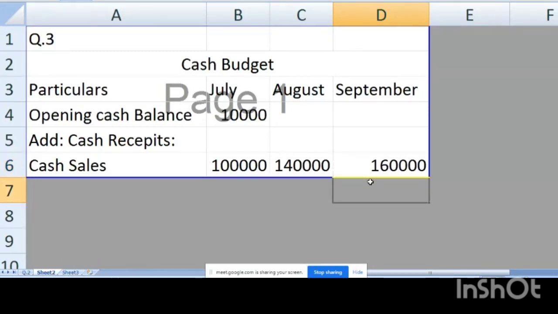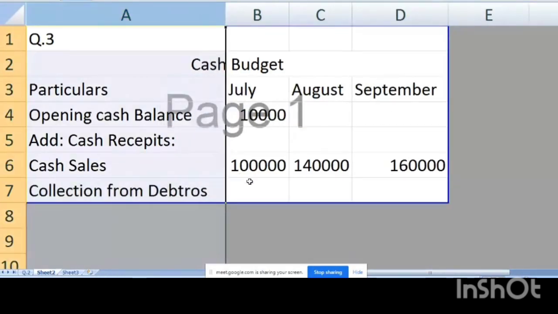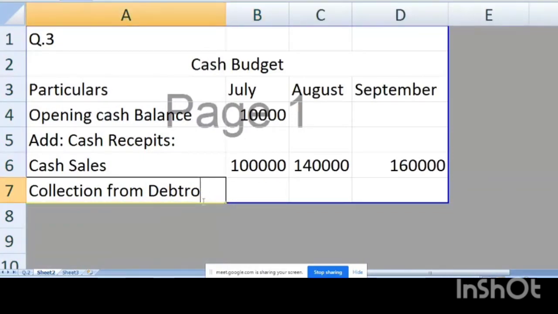Now next point is collection from debtors. This is the collection of credit sales.